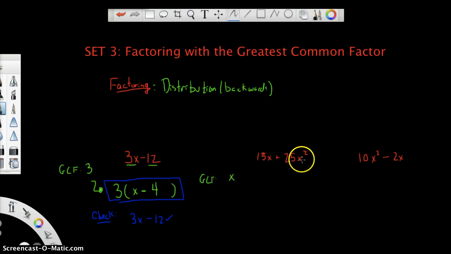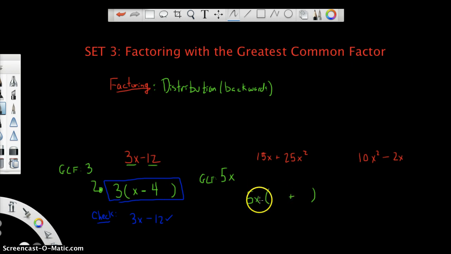This one has 2 x's, but I can only take one. And 15 and 25 are going to give me a GCF of 5. So that leaves me here. I have a 5x, and I know I'm going to have a plus sign in here.